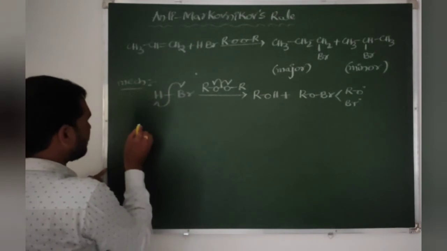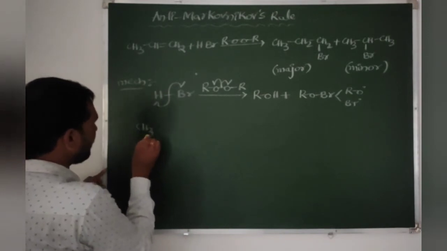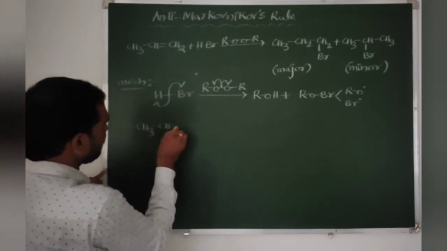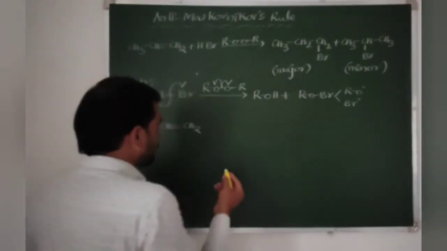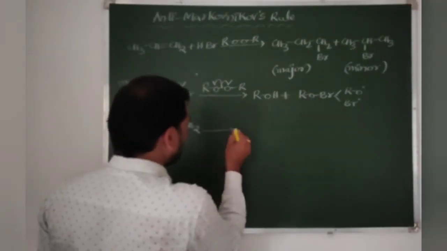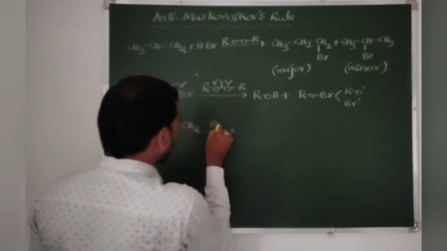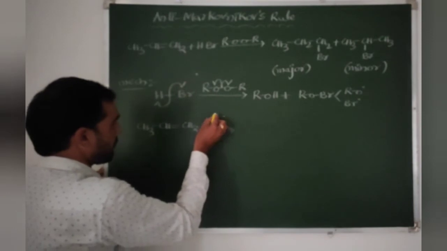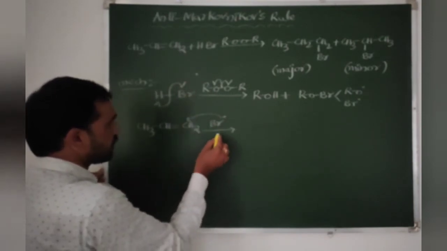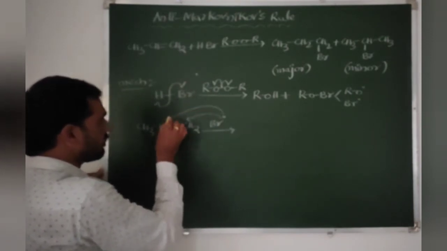So if you take unsymmetrical alkene CH3 CH double bond CH2, here Br dot is added to this carbon or this carbon.